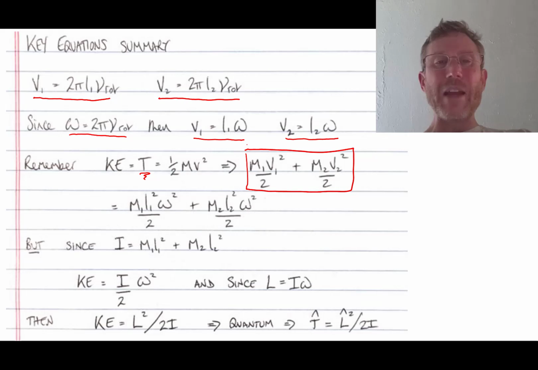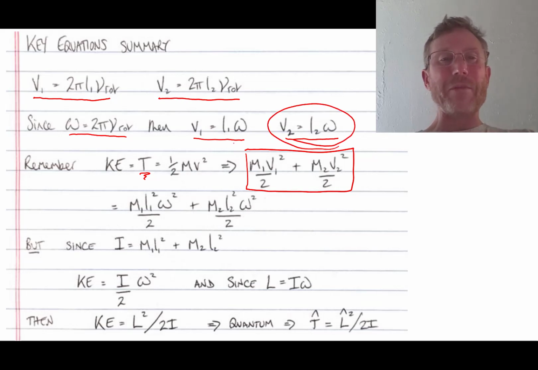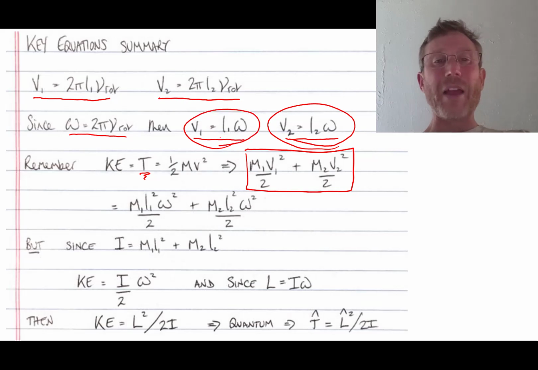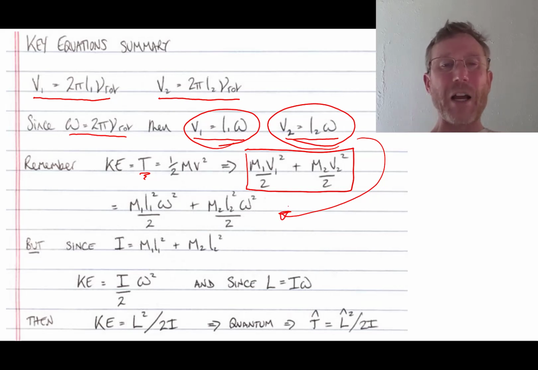The next thing we do is substitute L1 omega in for v1, for example, and L2 omega for v2. This gets plugged into the expression that I'm pointing to here with the arrow.